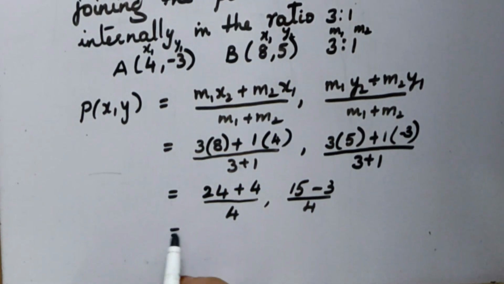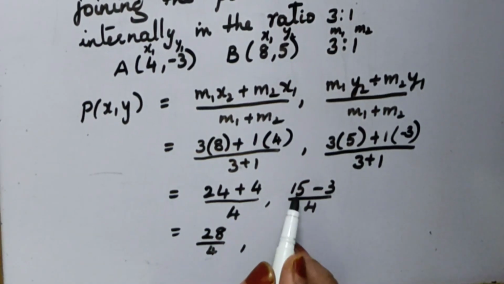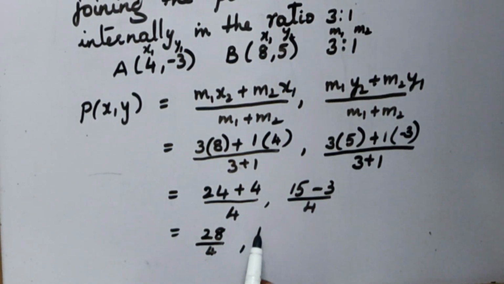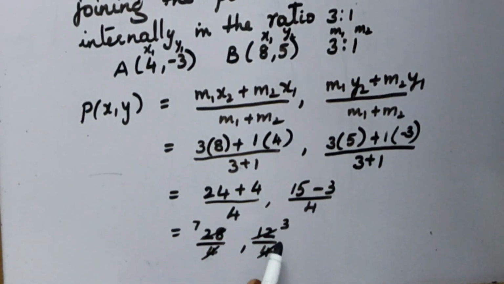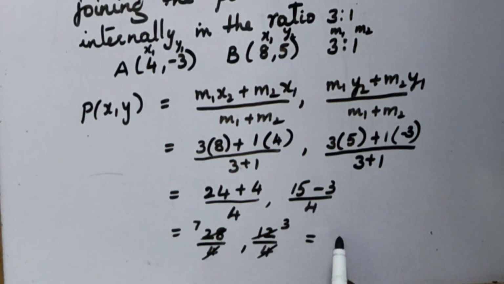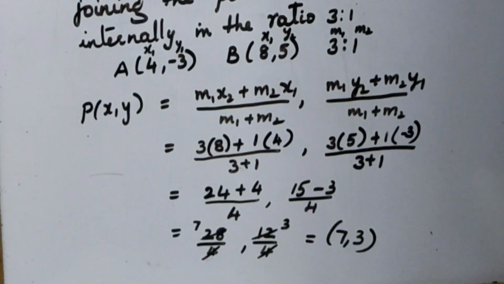Now here I get 24 plus 4 is 28 upon 4, comma, so 15 minus 3 will be 12 upon 4, correct? Now let us divide this. 4 7s are 28, 4 3s are 12. So the coordinates will be (7, 3). Hope this is clear to you all, students.